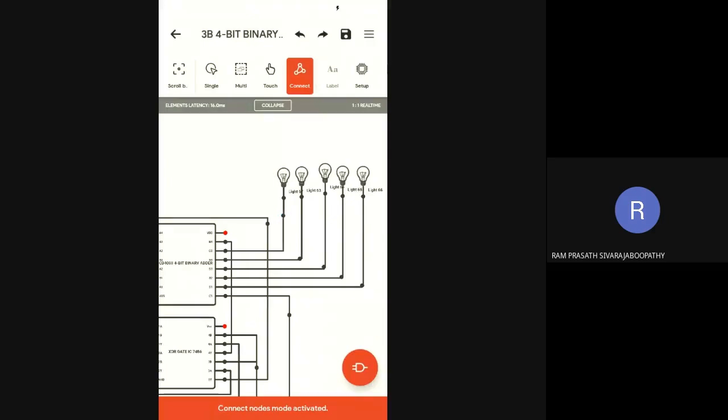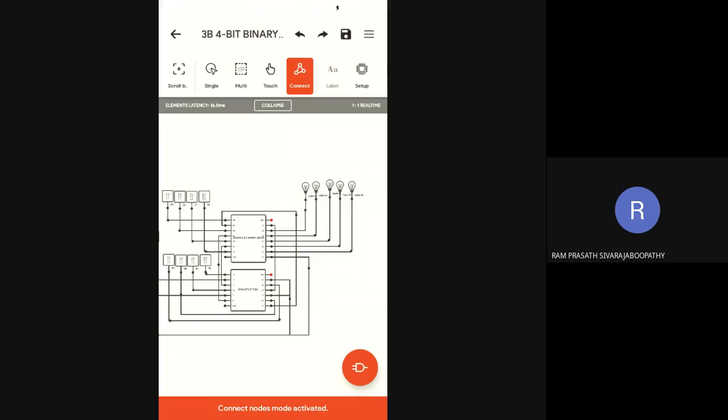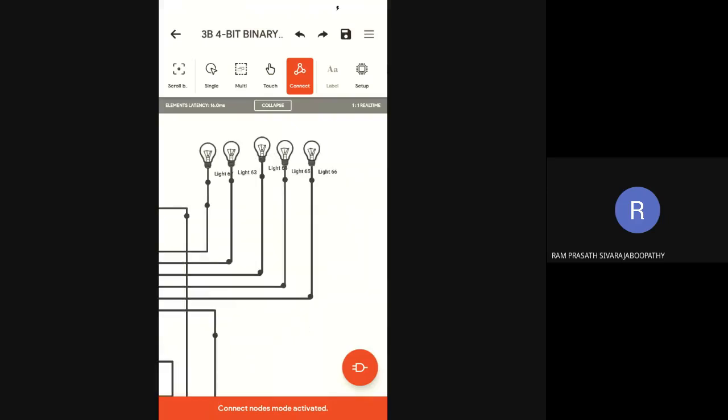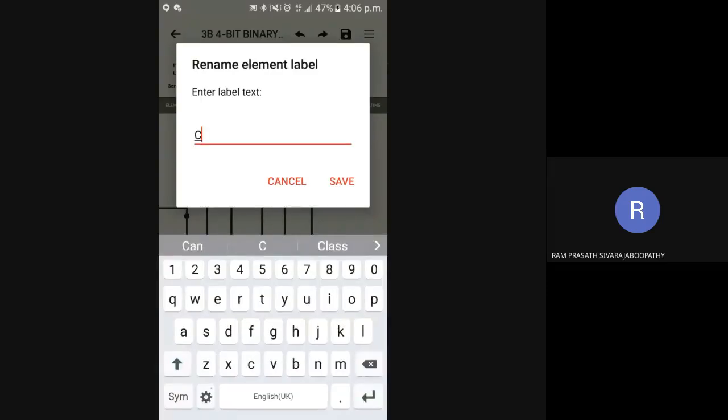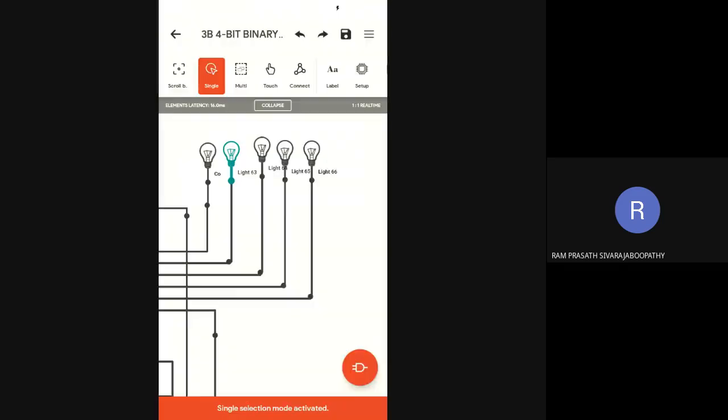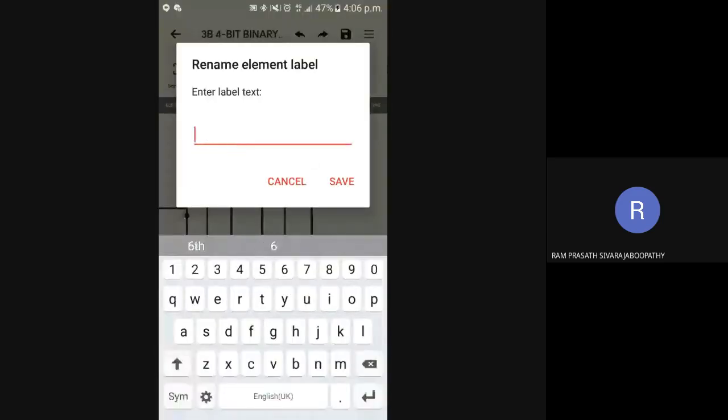So now I am going to rename these outputs. This one is C out. This one is S3.